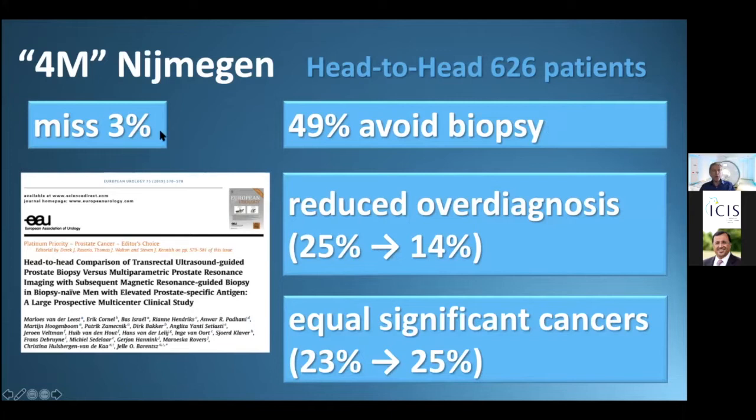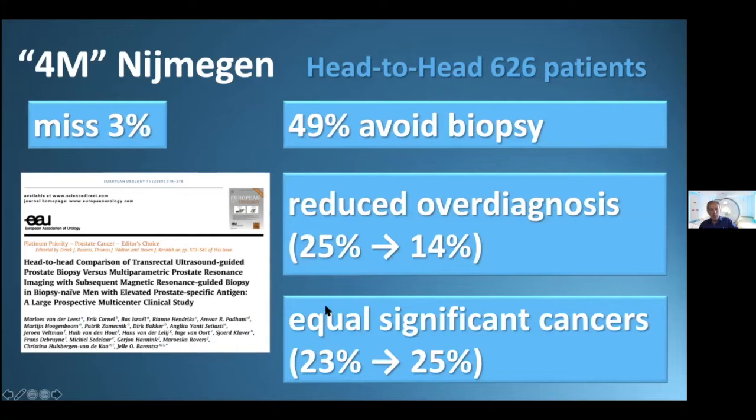This was only at the cost of 3% of not detecting significant cancers, predominantly grade group 2. Also, you see that there is an almost 50% reduction of overdiagnosis of insignificant cancers that usually leads to overtreatment, with an equal detection of significant cancers.